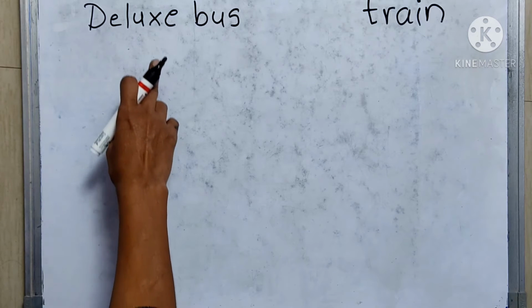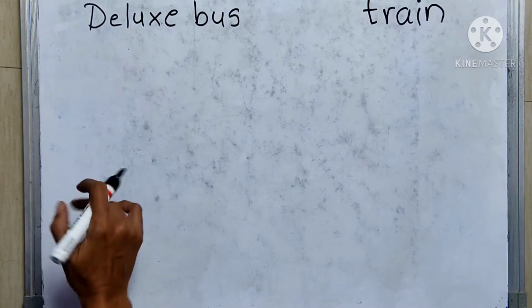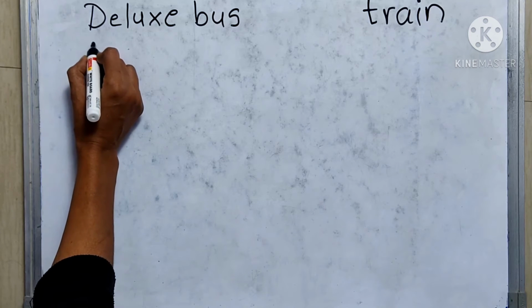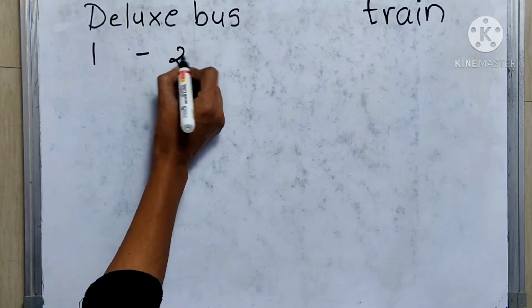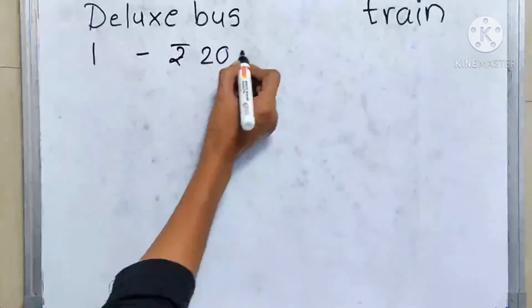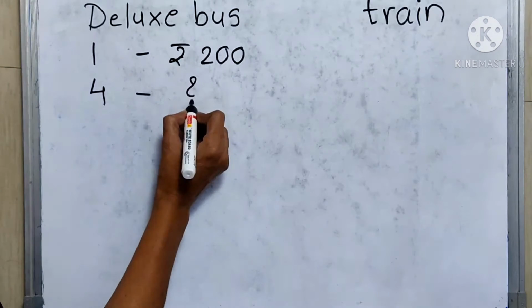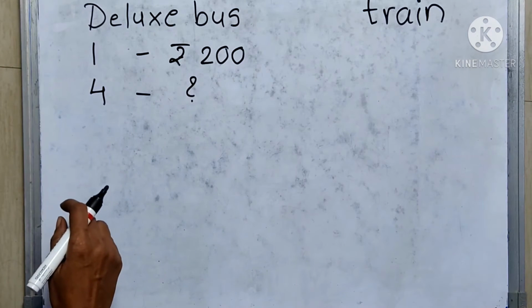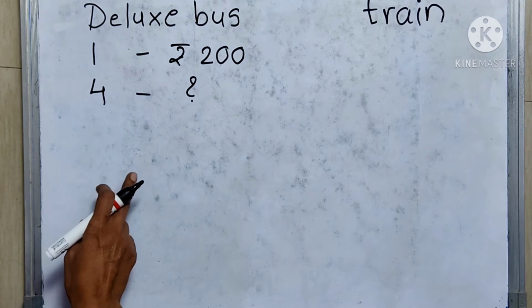First, we will calculate the cost of deluxe bus ticket. For one person, the ticket cost is rupees 200 and we have to find out for 4 persons. So again here you can use the repeated addition method or multiplication method.